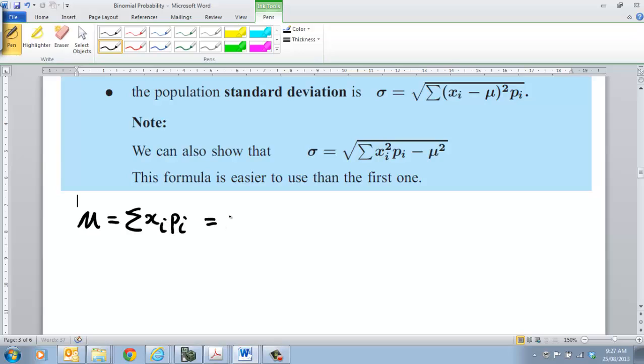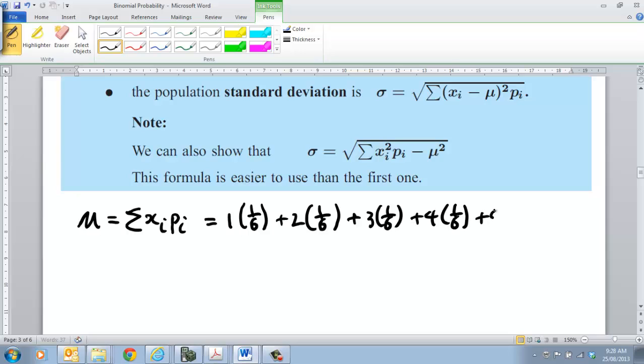Now that's going to be equal to simply 1 times 1 over 6 plus 2 times 1 over 6 plus 3 times 1 over 6, 4 times 1 over 6 plus 5 times 1 over 6 plus 6 times 1 over 6. Now if you did that calculation, you're going to get an answer of 3.5. You have to trust me that that's what you're going to get. It's a pretty simple calculation, a bit tedious, but that's what you're going to get there.